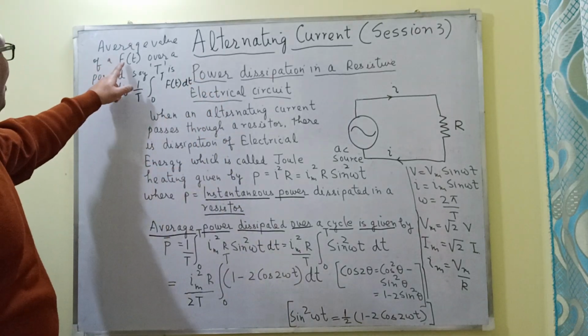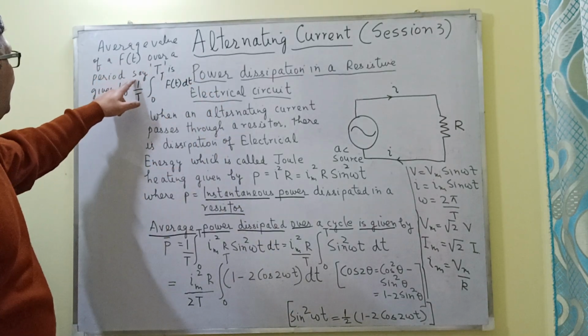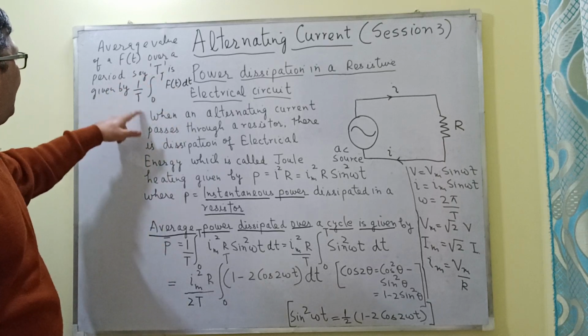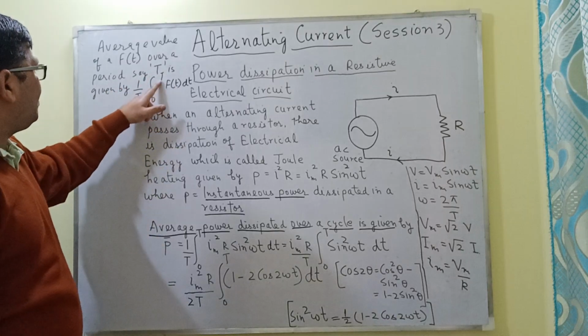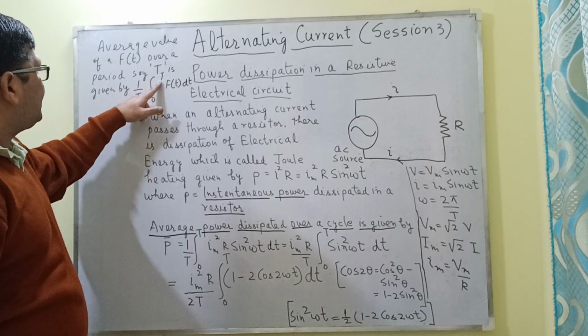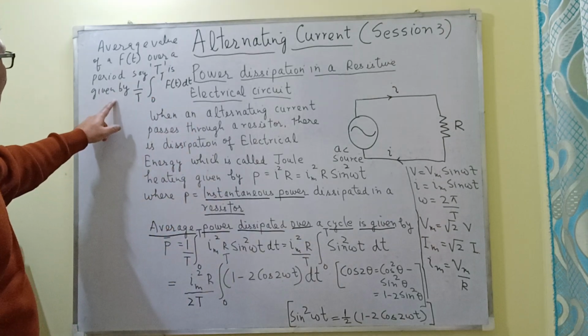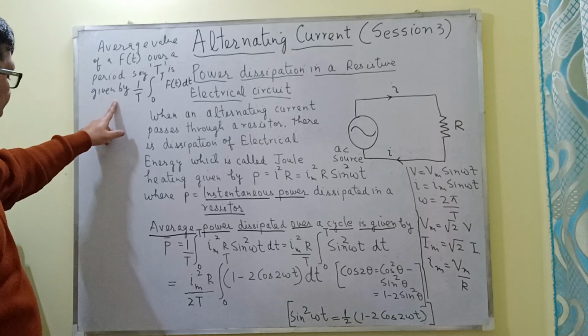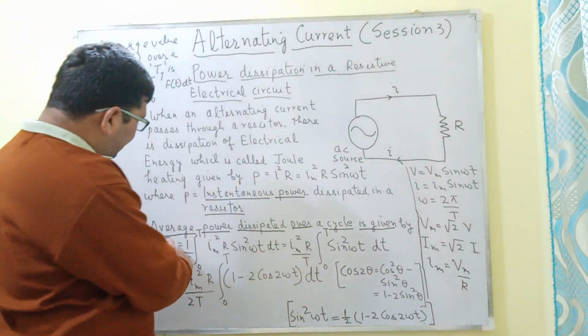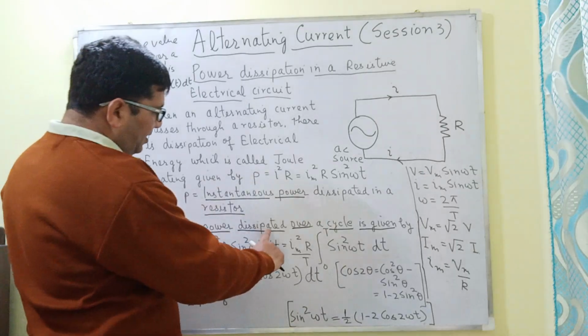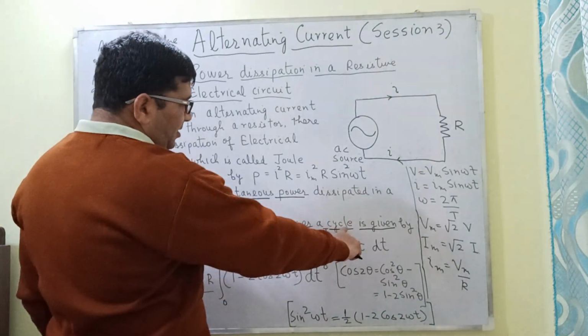That is, the average value of a function f(t) over a period T is given by 1 by T, integration from 0 to T, f(t) dt. So I have used this concept here in order to find the average power which is dissipated over a cycle.